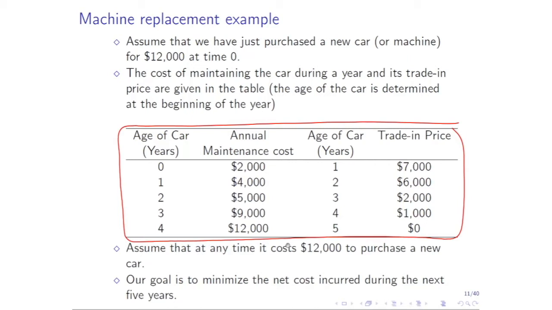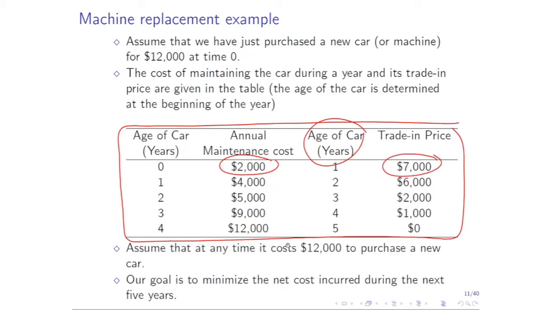For example, you know that in the first year the maintenance of your car, because it's a new car, is like $2,000. And if you decide to keep the car for 1 year and then sell it, the selling price of the car after 1 year of use will be $7,000.